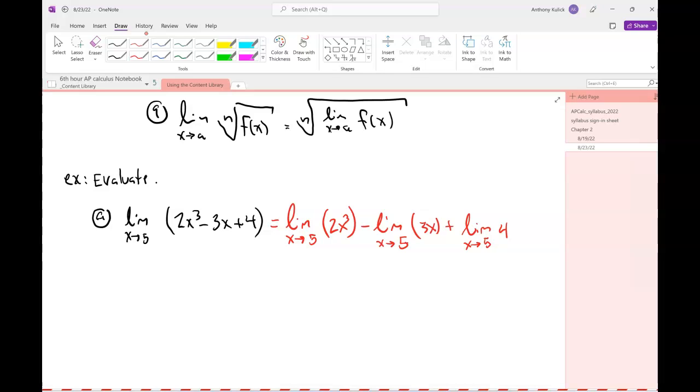Okay. If I look at the first limit, what I'm going to use now is property 3 to move that coefficient of 2 out front. I meant for this to be squared, not cubed.